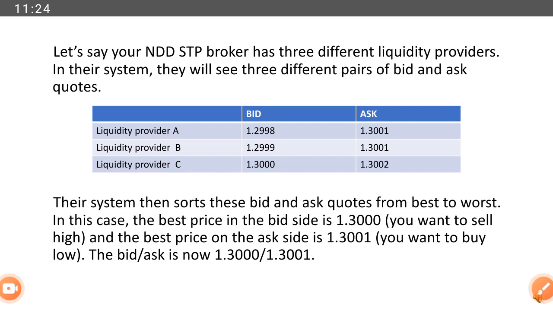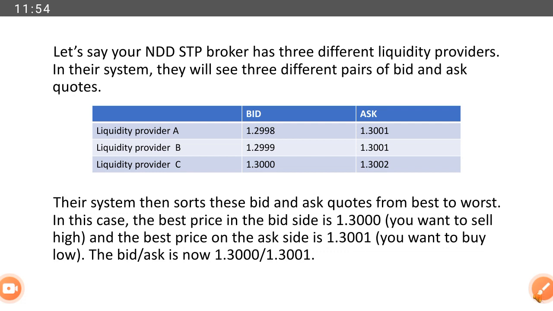Liquidity provider C: the bid is 1.3000, the ask is 1.3002. Now, their system sorts the bid and ask quotes from best to worst. In this case, the best price on the bid side is 1.3000, as you want to sell high.